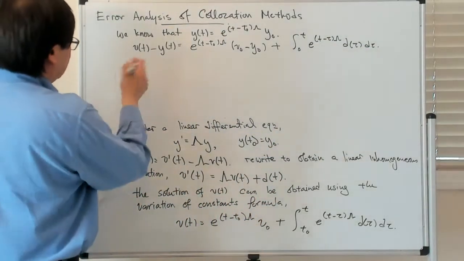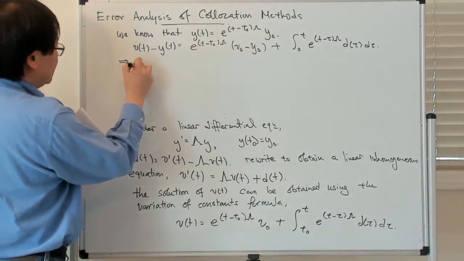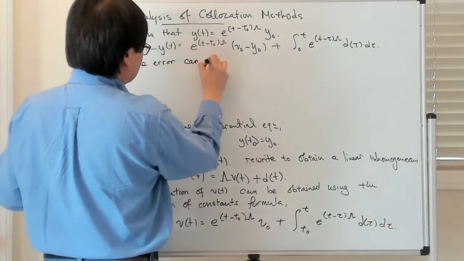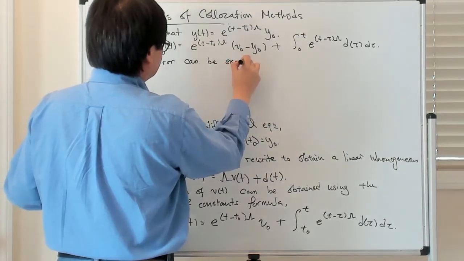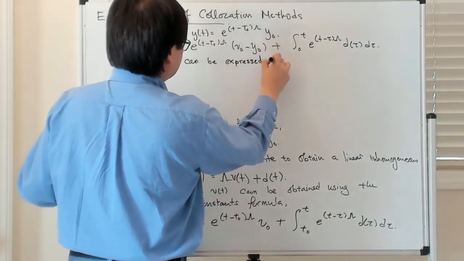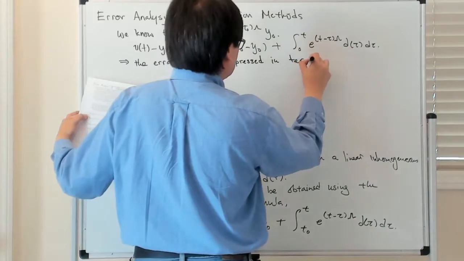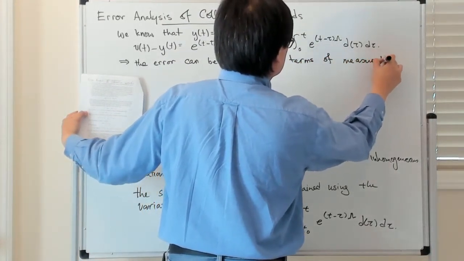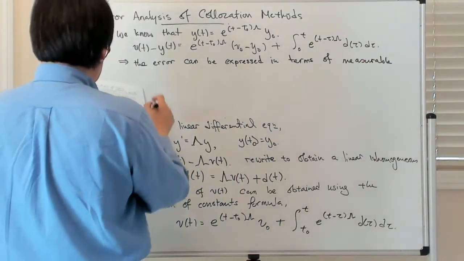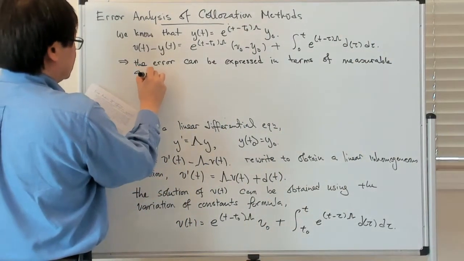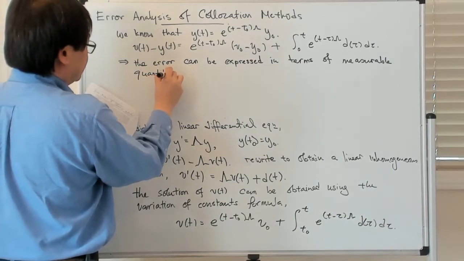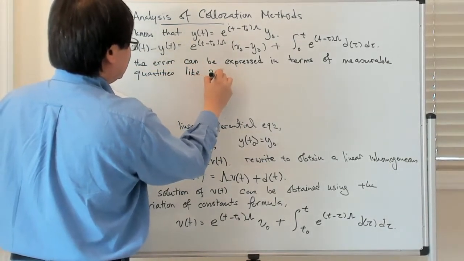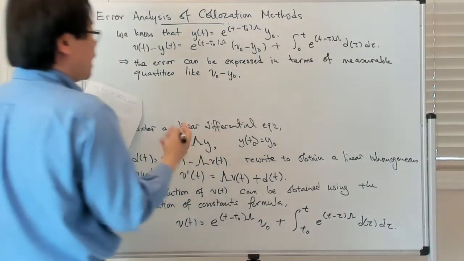The upshot, if you will, is that the error can be expressed in terms of measurable or observable quantities, like the difference v0 minus y0 and the defect.